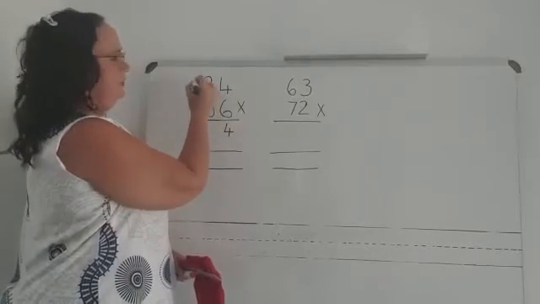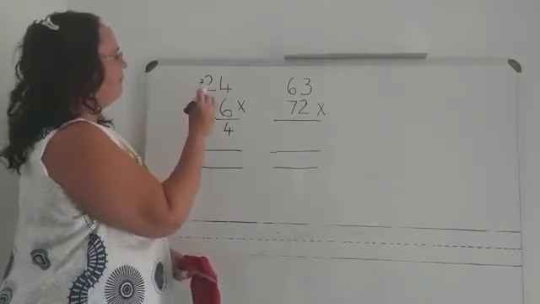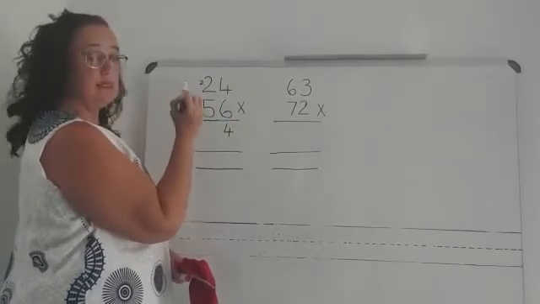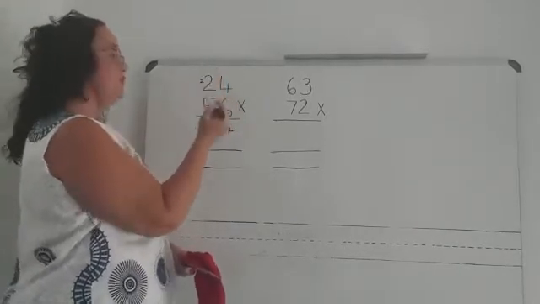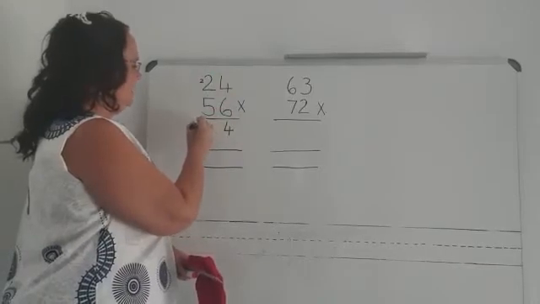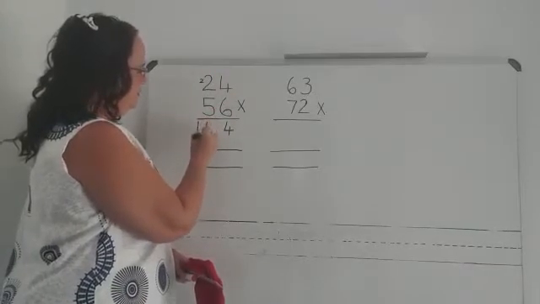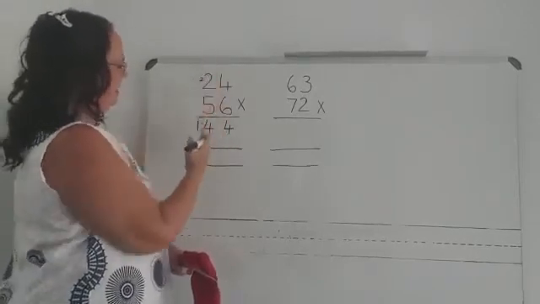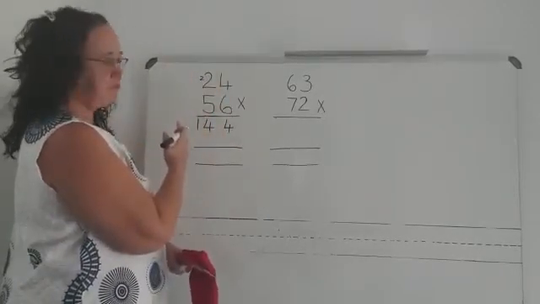Right? Are you with me? Then we have 6 times 2 is 12 plus 2 is 14. Okay, remember to try and keep them in the units, tens and hundreds column.